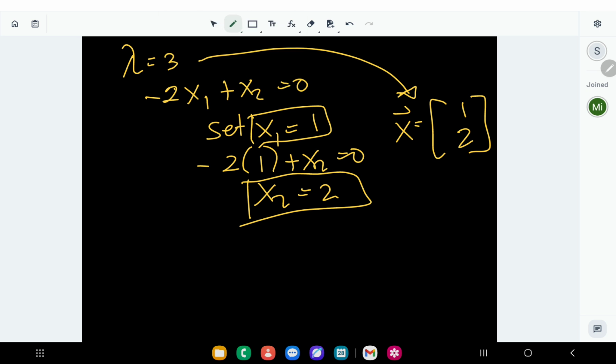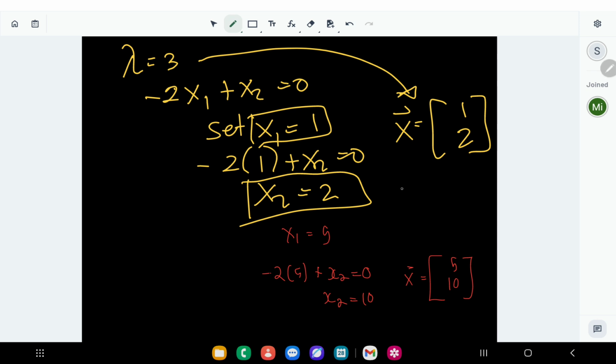You can just set any values you want. Then x sub 2 is equal to 10. But then 5 and 10 are multiples, both divisible by 5.